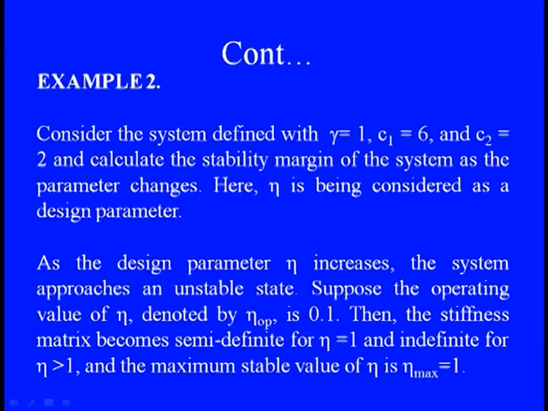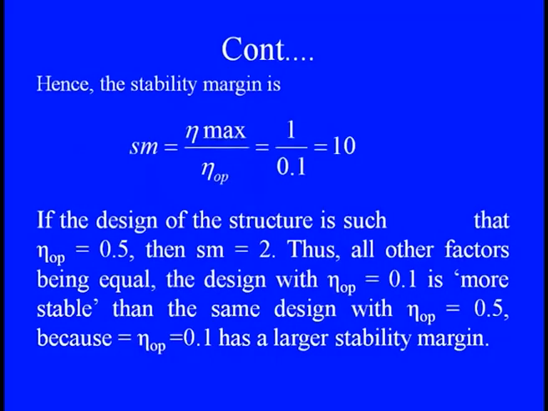So the maximum stable value for neta is neta maximum equals 1, as we discussed in the last lecture with the stiffness matrix variation. With this concept, the stability margin SM is neta maximum divided by neta optimum.